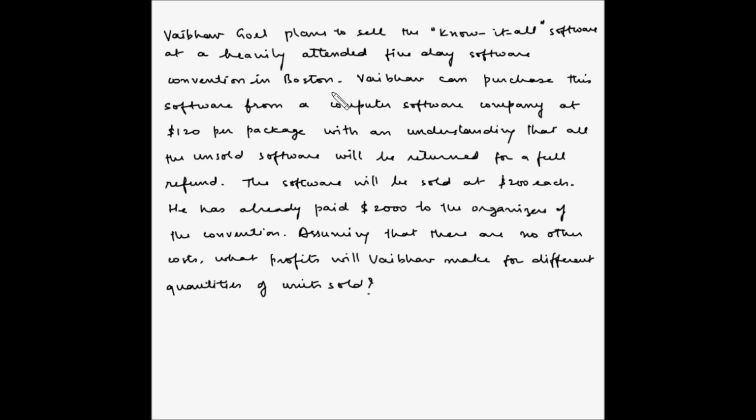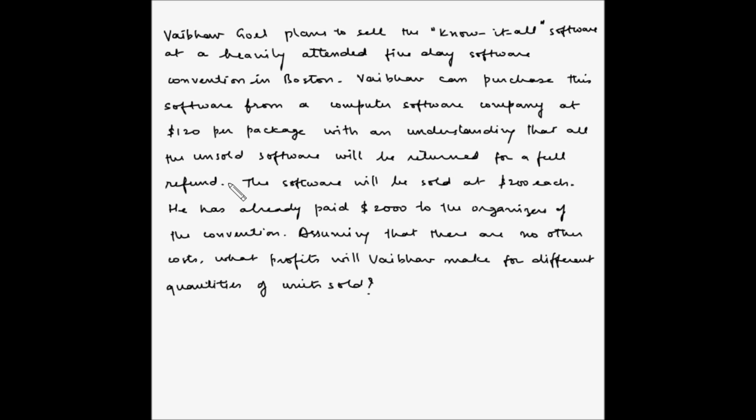Now Vaibhav can purchase this software from a computer software company at $120 per package, with an understanding that all the unsold software will be returned for a full refund.